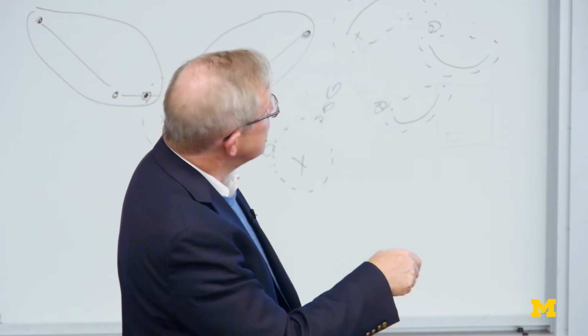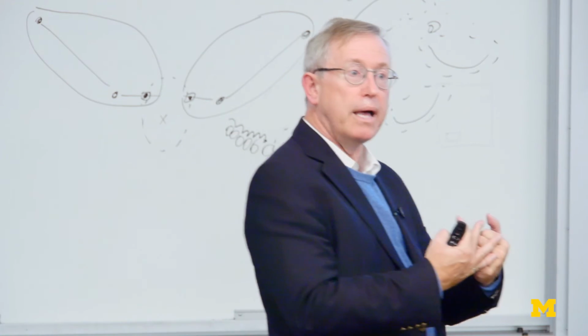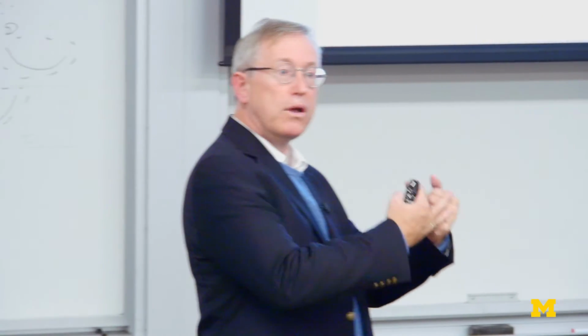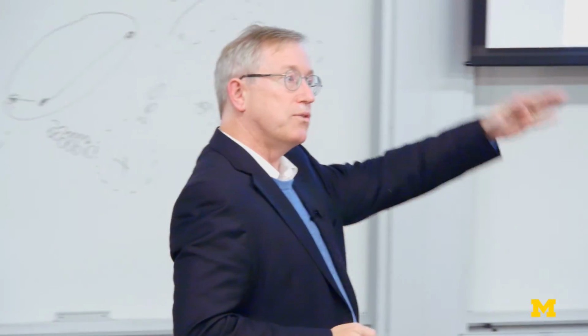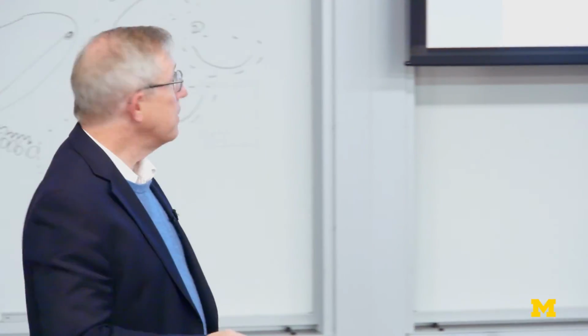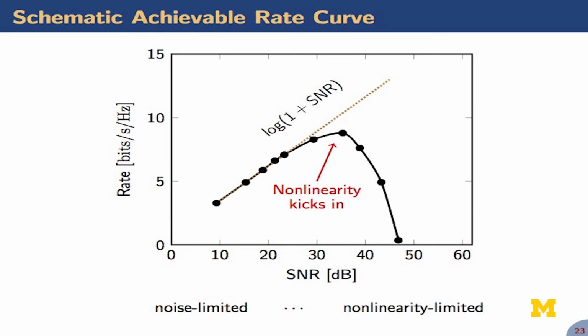And over here, the launch power is so low that the nonlinearity hardly comes into play, so this system is completely noise limited, and not power limited at all. It's just an AWGN style channel, and therefore the Gaussian channel capacity is the dominating performance.